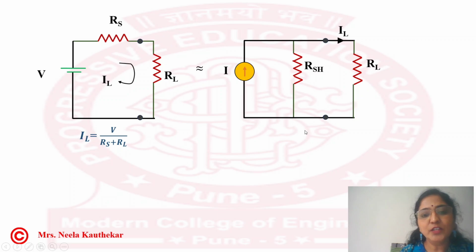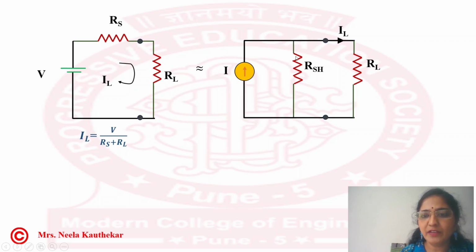Now in the new circuit, we will find the value of IL. This is a current source, which means current I is going to flow from this branch, and I is divided into two parts.